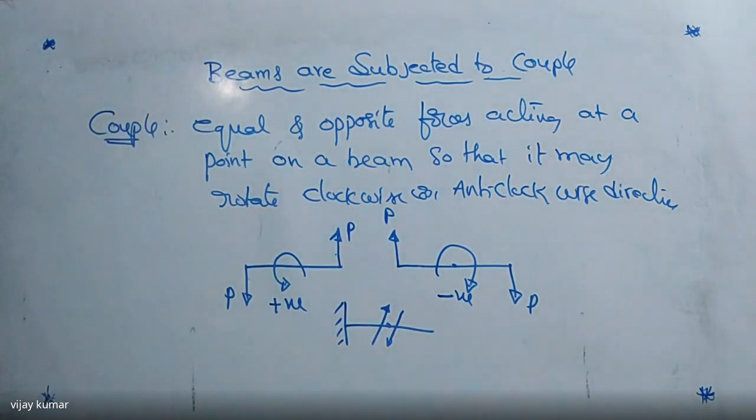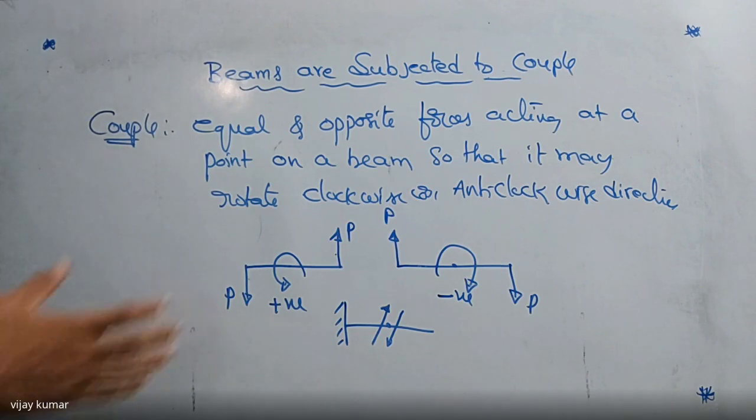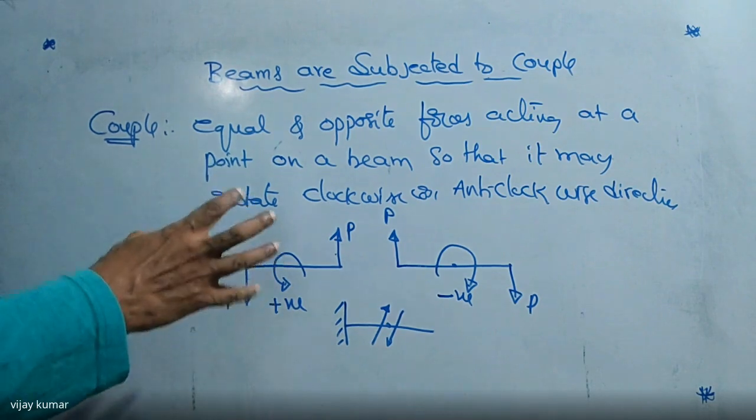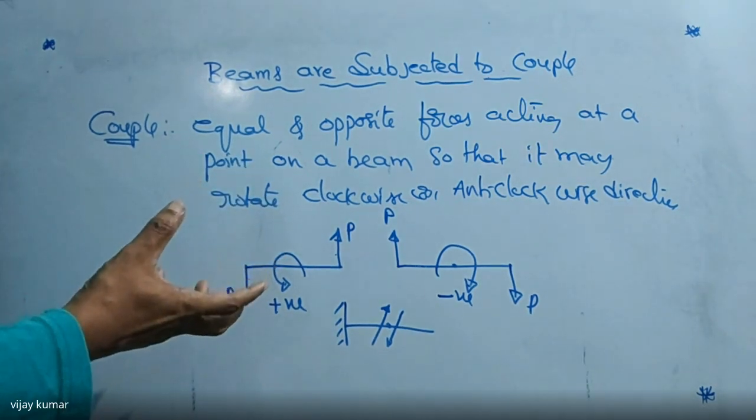Now I'm going to show you how to draw the shear force and bending moment diagram when the beam is subject to a couple. Listen carefully here. Are all of you clear about this now? That is, what is a couple, and what is the sign convention of couple.